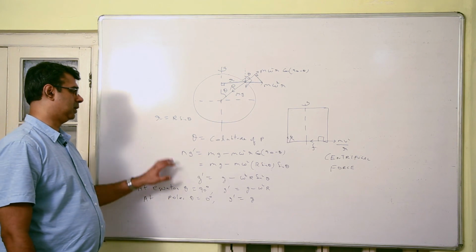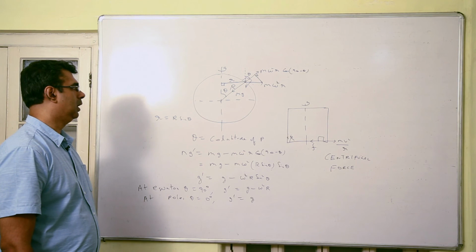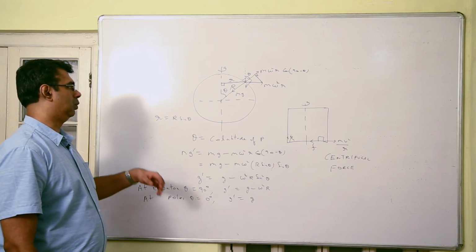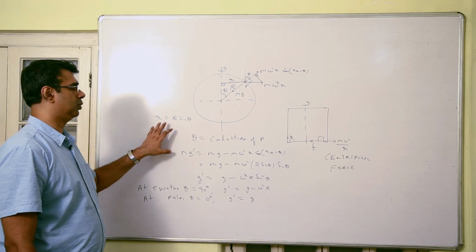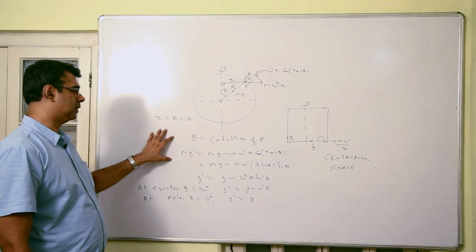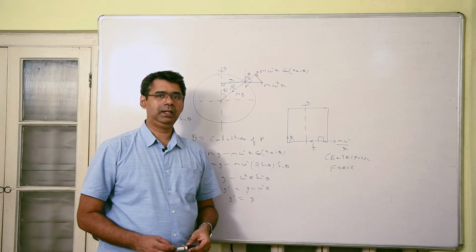So this is a very important application of centrifugal force, which shows us the effect of the Earth's rotation on acceleration due to gravity. So with this we complete the chapter friction and circular motion.